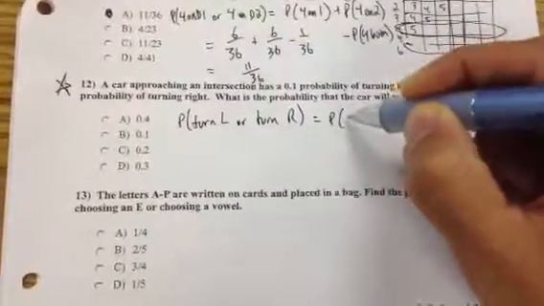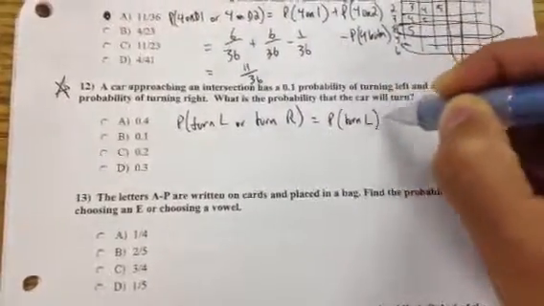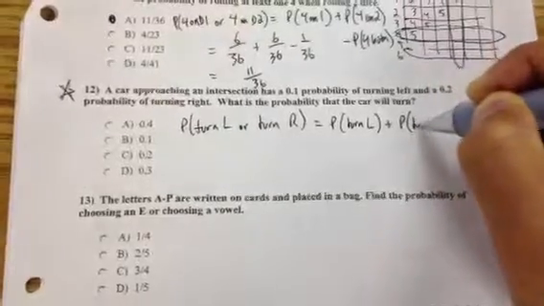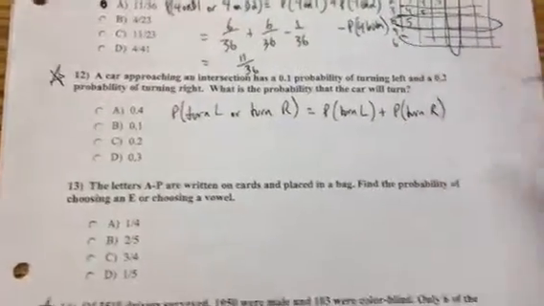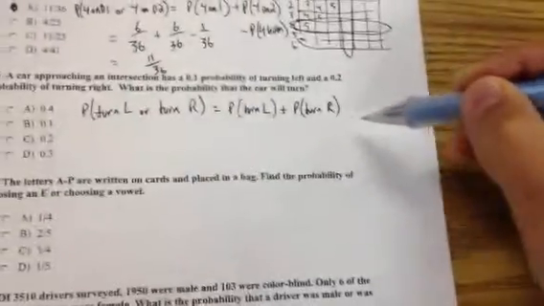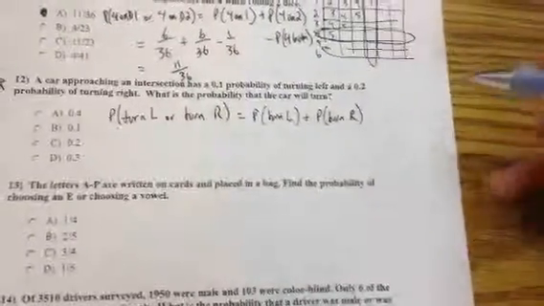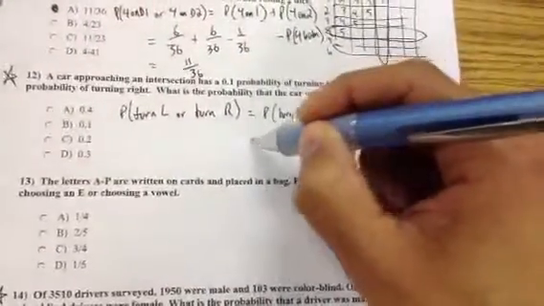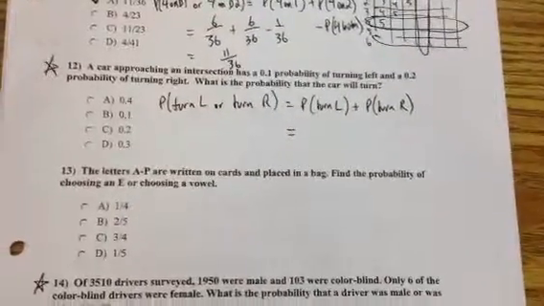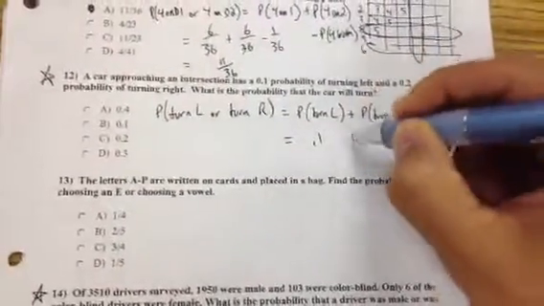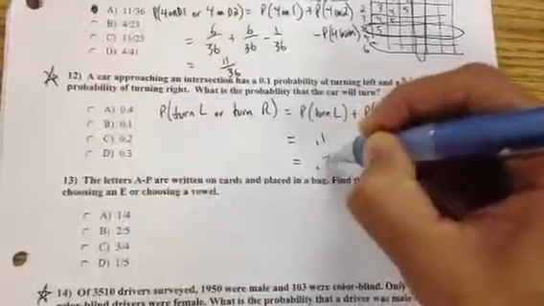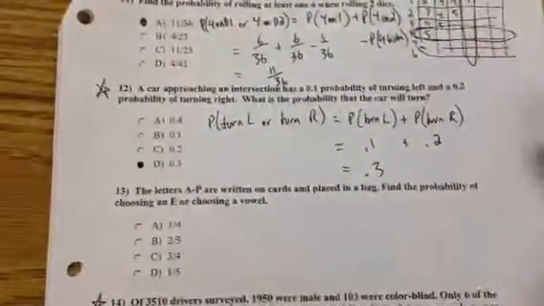So it's going to be the probability of turning left plus the probability of turning right. Is there going to be any overlap here? Can we turn both left and right at the same time? No, we can't. So these 2 events are disjoint. I'm just going to add up 0.1 plus 0.2 and get 0.3, which is answer choice D.